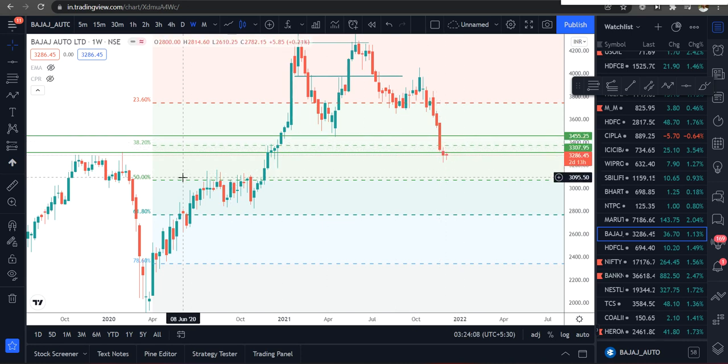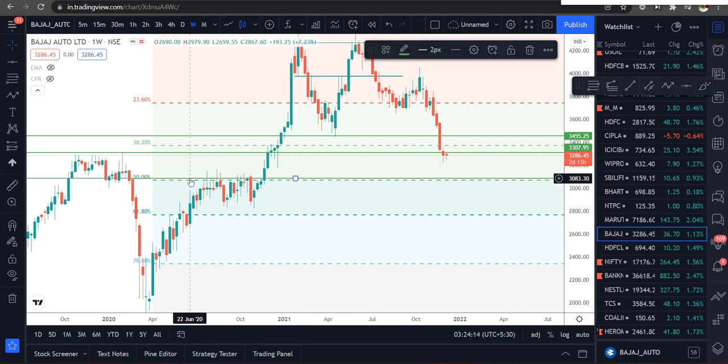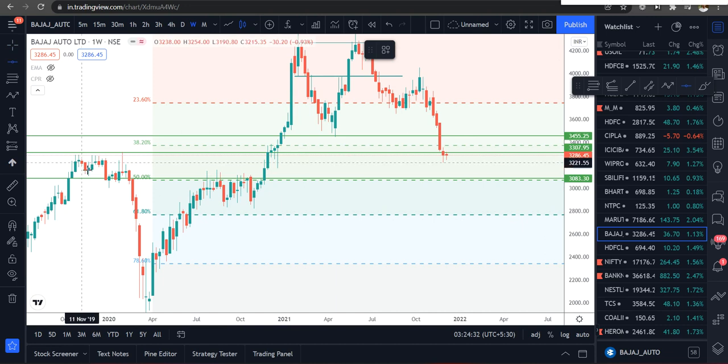And at the 50 level you could see this resistance, so let me mark this as well, 50, and you could see a sign of reversal. So what I can do is check whether I'm getting any kind of reversal candlestick here, and if I find something, I can invest some amount here, followed by 61.8. Even at 61.8, there is a level, we can mark it as horizontal.